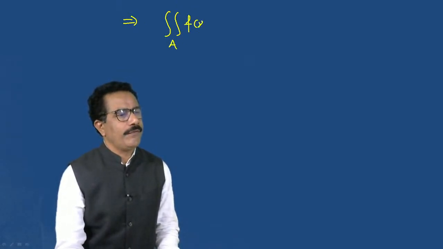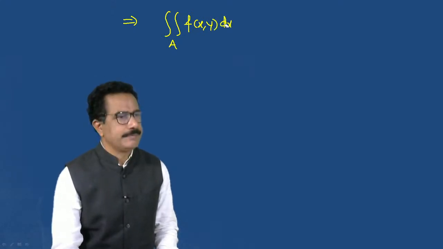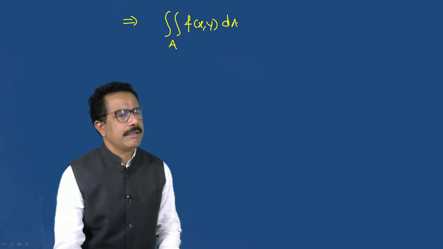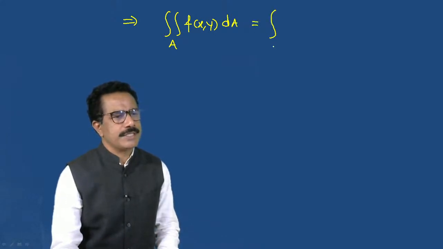So how can we solve this? Now how can we solve this integral, the double integral over A of f of x comma y dA? We can write dA as the first integral from a to b.